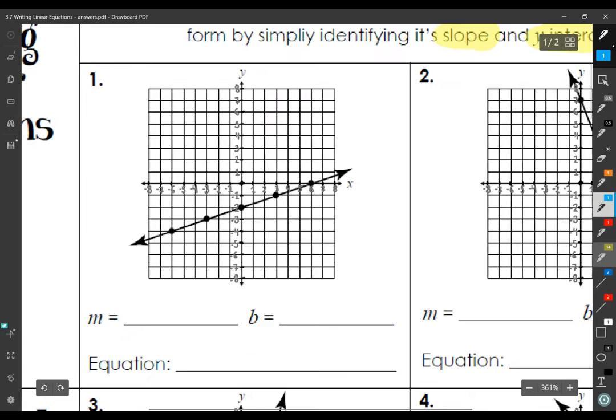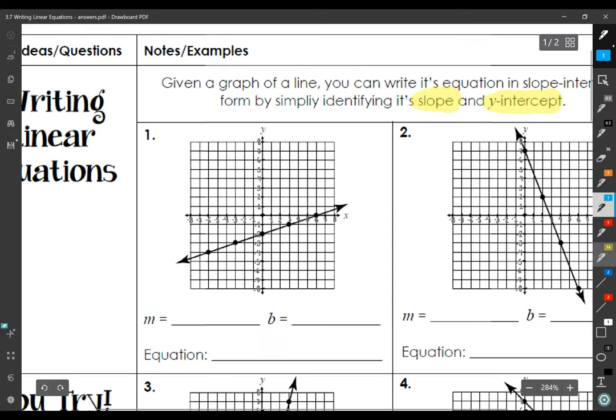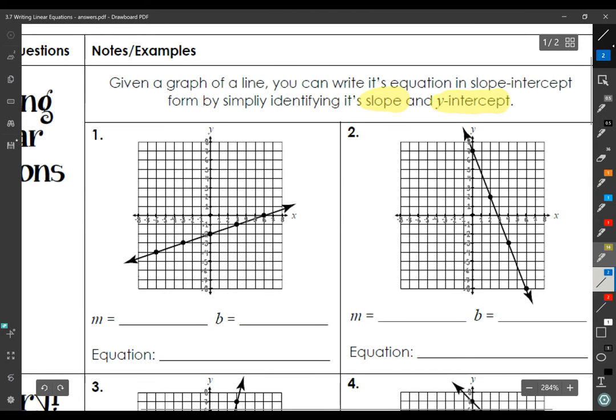Okay, so two things. First, we want to find the slope and the y-intercept. Well, why don't we start with the easiest thing to find, which is the y-intercept. Remember, the y-intercept is the point on your line that crosses our y-axis, right?